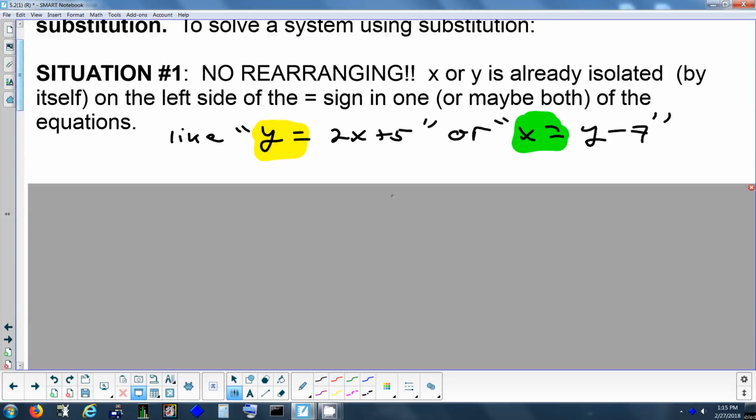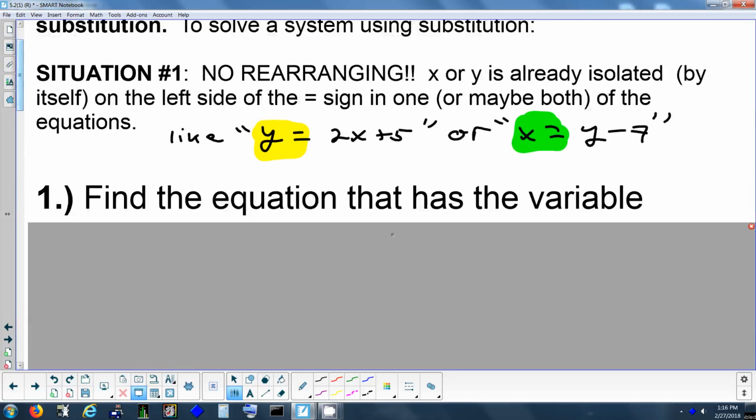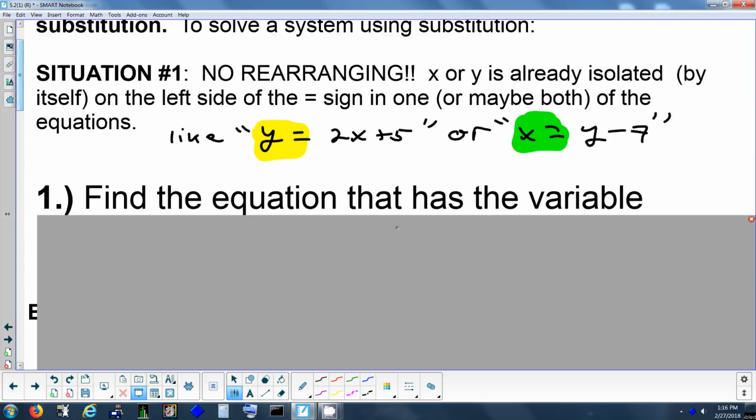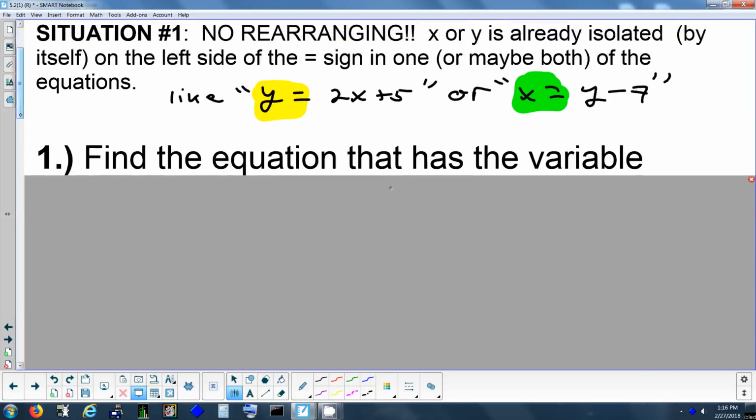But most times we're going to give you a system where x or y is already isolated for today. So that means you don't have to move anything around. Like we did with slope-intercept form, where you had to add x to one side to get y by itself, sometimes divide by the number with y to get it by itself. Nothing like that today. It's already going to be isolated.